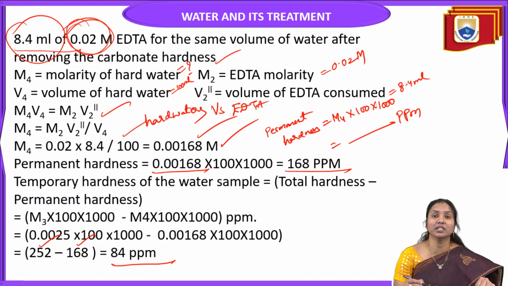So temporary hardness of given water sample is 84 ppm. So here total hardness of given water sample is 252 ppm, permanent hardness is 168 ppm and temporary hardness is 84 ppm. So in this way we can calculate the total, temporary and permanent hardness of given water sample by using EDTA.